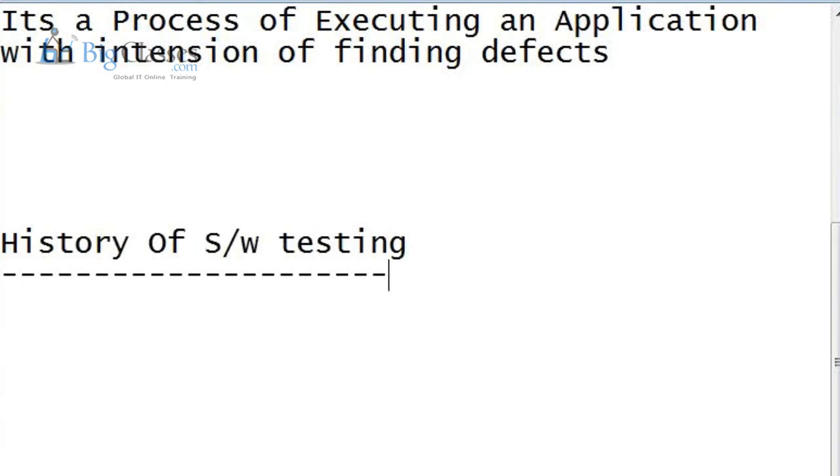Actually, in the IT industry, before 2001, the development and testing were both done by the same persons, only one team. Who is the team? Programmers.